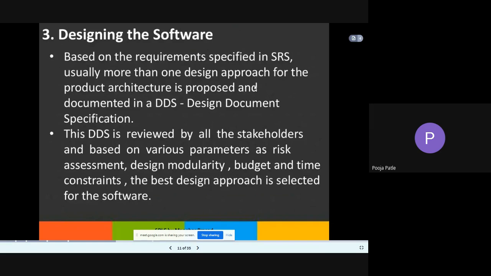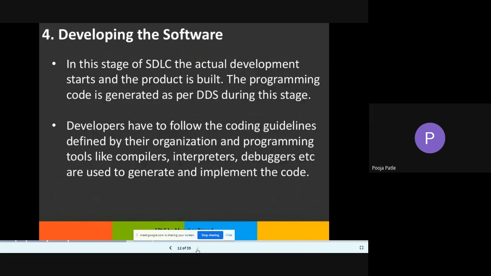Usually, more than one design approach for the product architecture is proposed and documented in the DDS, design document specification. In the developing stage, the actual product is built. In this stage of SDLC, the actual development starts and the product is built. The programming code is generated as per the DDS during this stage.